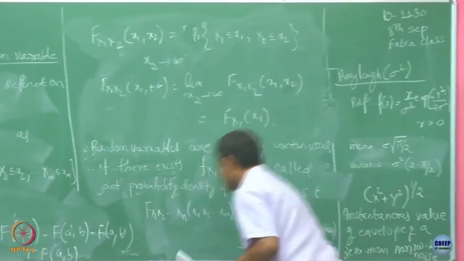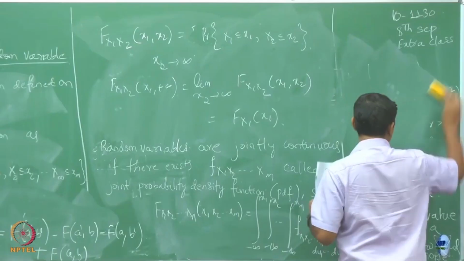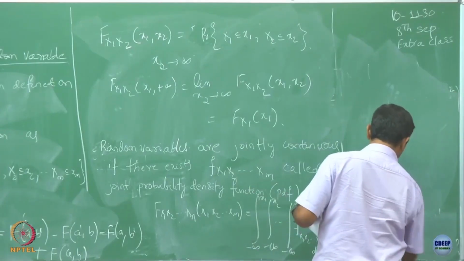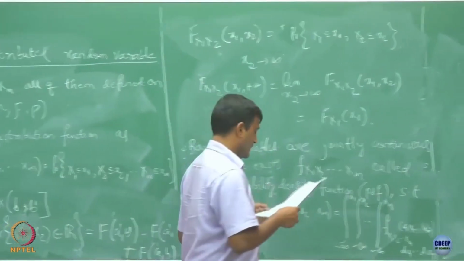And from the joint continuous PDF, we can again go and recover the marginal PDF as we did earlier.